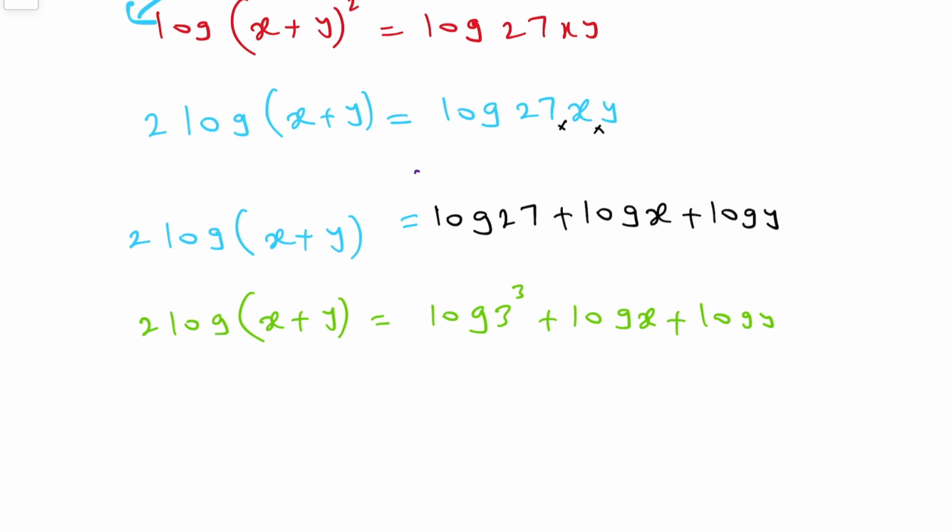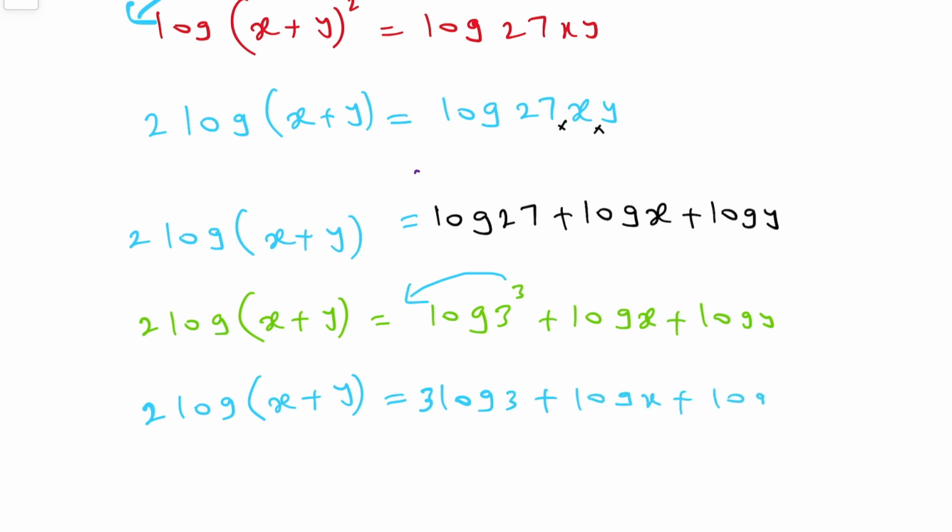Left side as usual: 2 log of x plus y equals, again for the main number the power will come to the front, so it will become 3 log 3 plus log x plus log y. Hence proved.